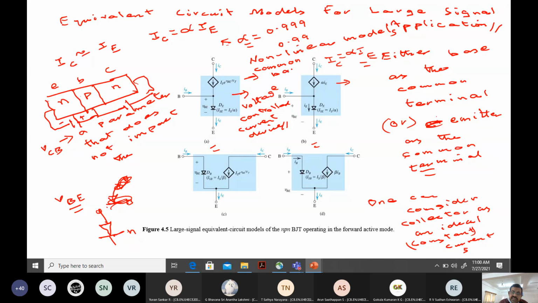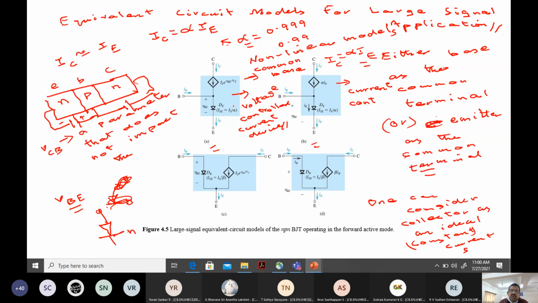Try to recognize that by getting all the things clear. So this is alpha IE, and what I have done here is made it into a current control device.